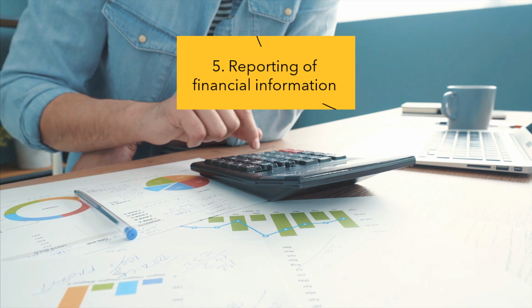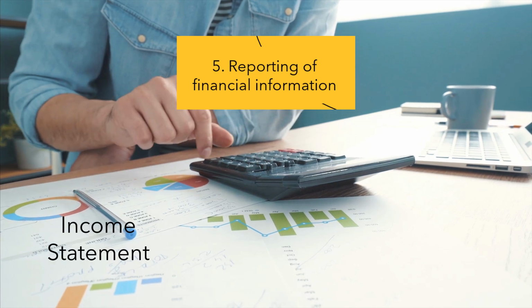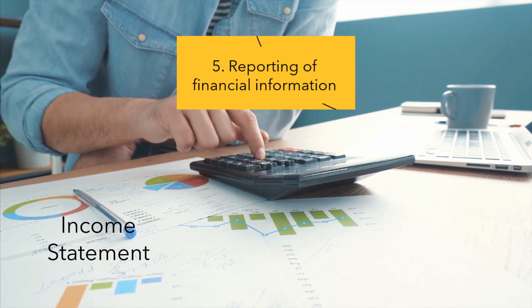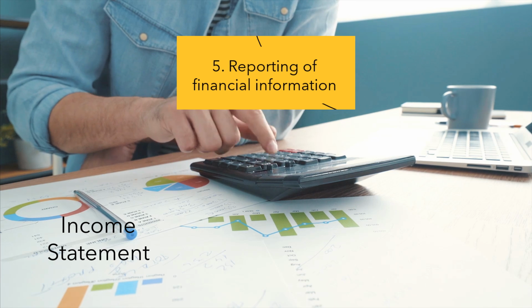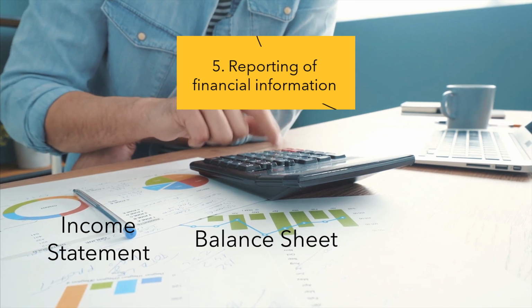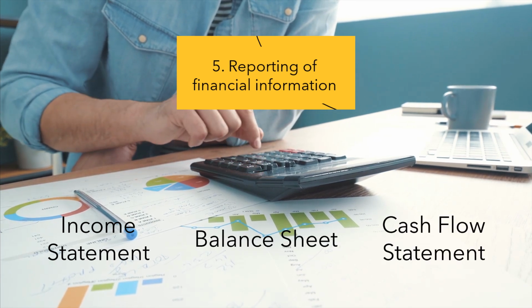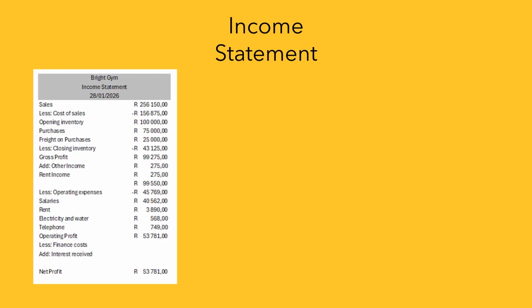So we have the total profit or loss made in the period, as well as the asset and liability positions of an entity, and then the cash flow. First, we have an income statement. The statement merely reflects the results of the trading operation, meaning income minus expenses will give you your profit.